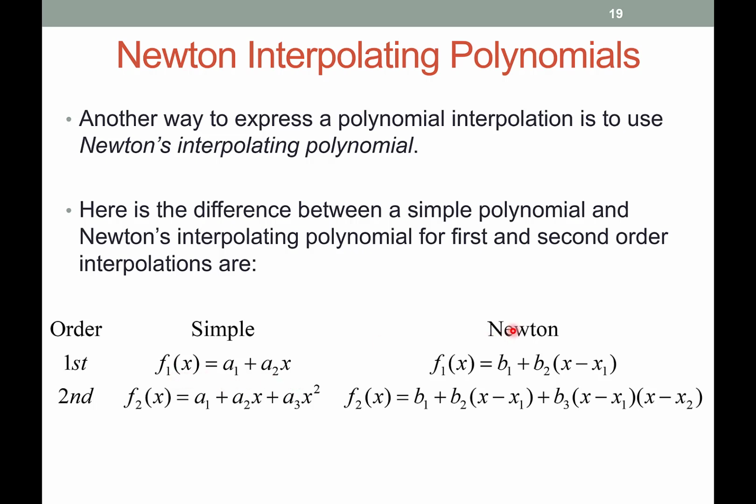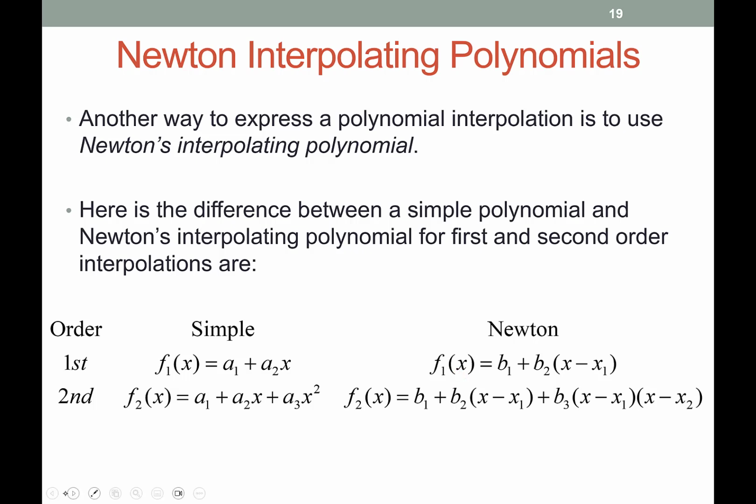In the Newton approach, it's f of x equals b1, where b1 is the first y value, plus b2, which is a value that we have to derive, multiplied by x minus x1, where x is the variable that changes, a value between x1 and x2 that we're trying to find using the interpolation.